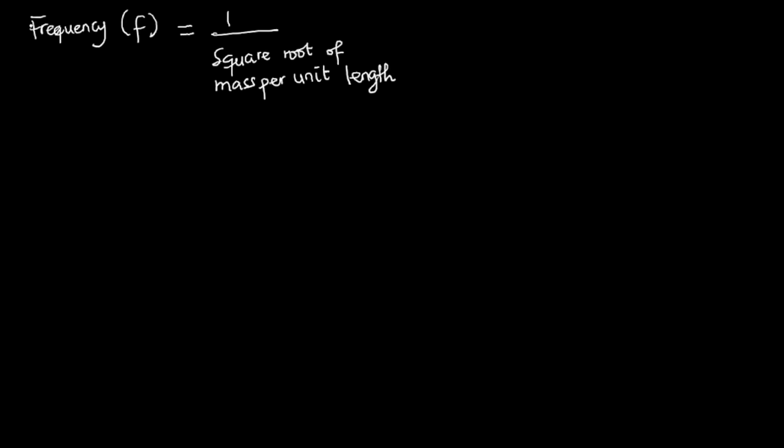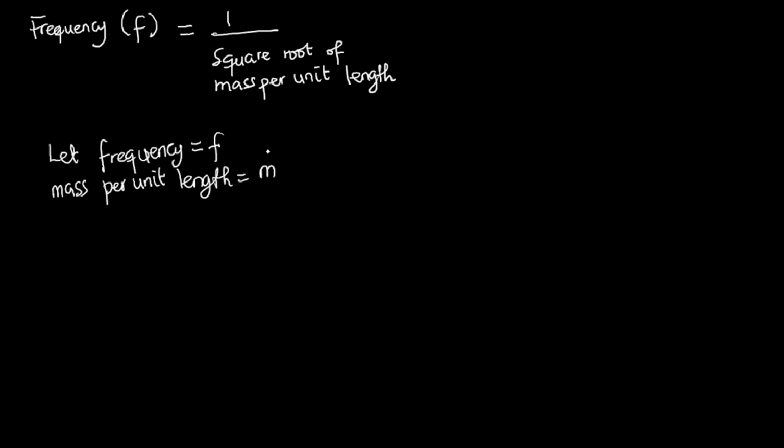Mathematically, if I say let my frequency be F, and let my mass per unit length be equal to m, it means this expression can be written as frequency varies inversely as the square root of the mass per unit length, which is m.